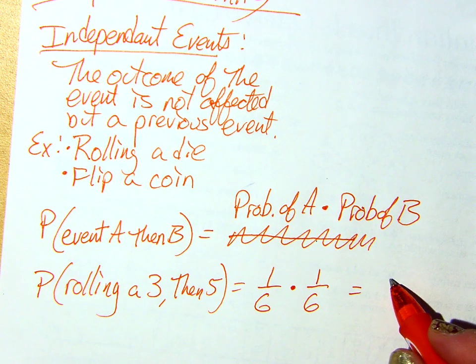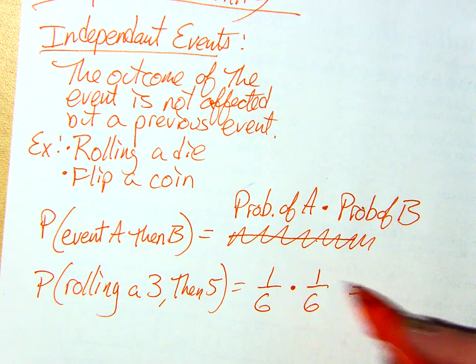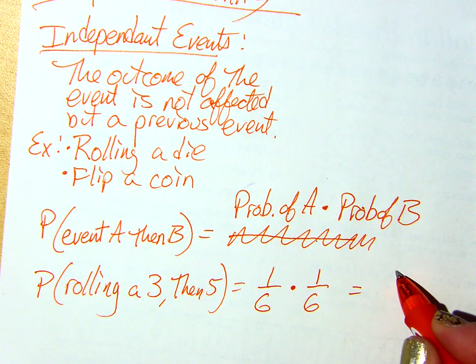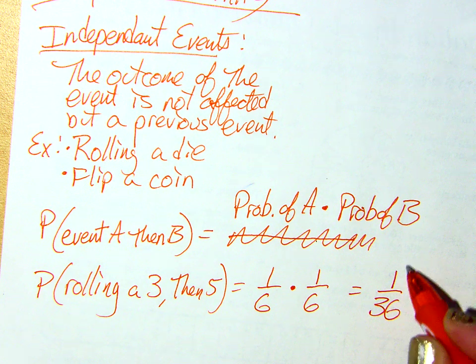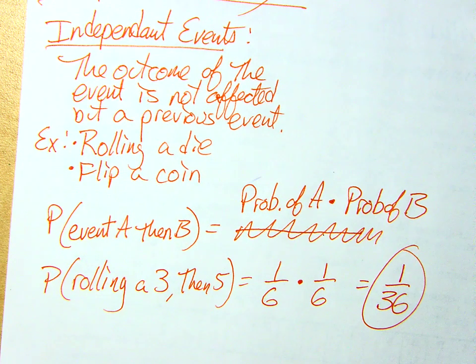You want to multiply. 1 over 36. So I have a 1 out of 36 shot of rolling a 3 and then a 5. So do you think I'm going to win? Probably not. But let's see.